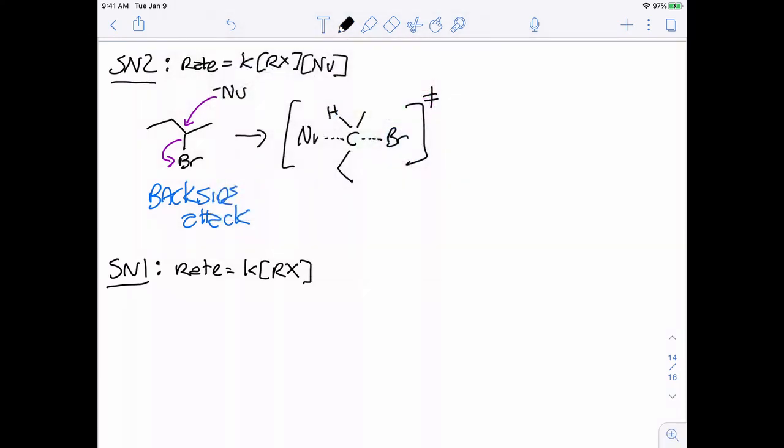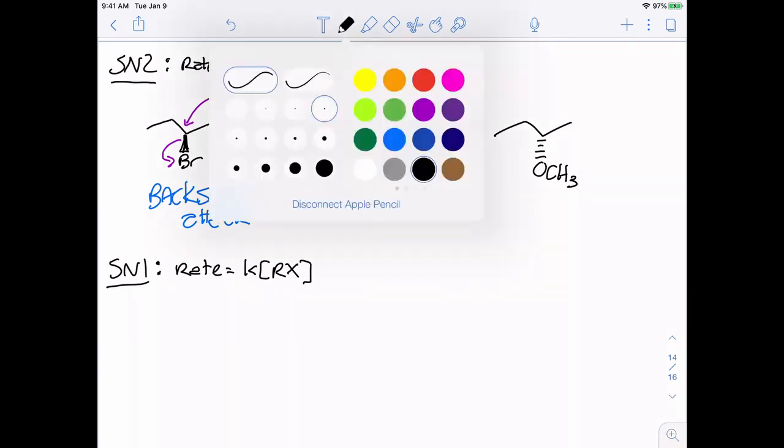Because they're happening at the same time, whatever the configuration I had initially, if it was chiral, is going to be reversed. So if this bromine was coming out at us, my nucleophile is now going back. Because they're happening from opposite sides, my configuration is always going to be reversed.